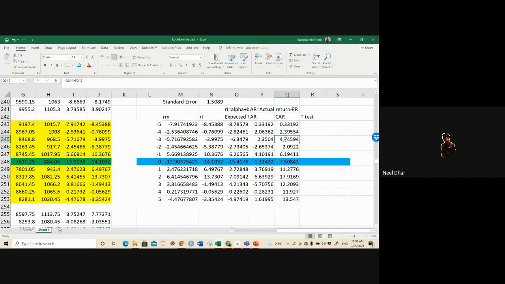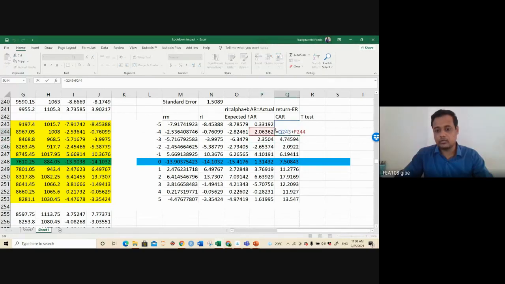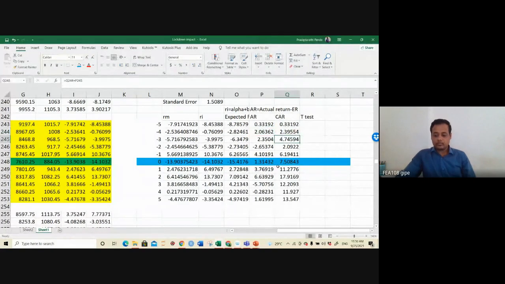So if you set one formula, previous CAR plus same day AR, you will come out with this. Okay, done.